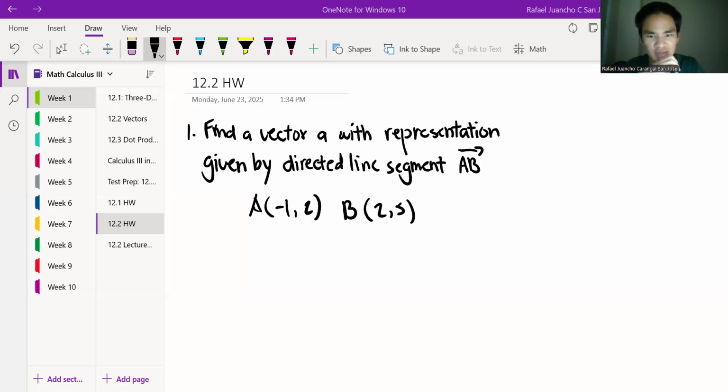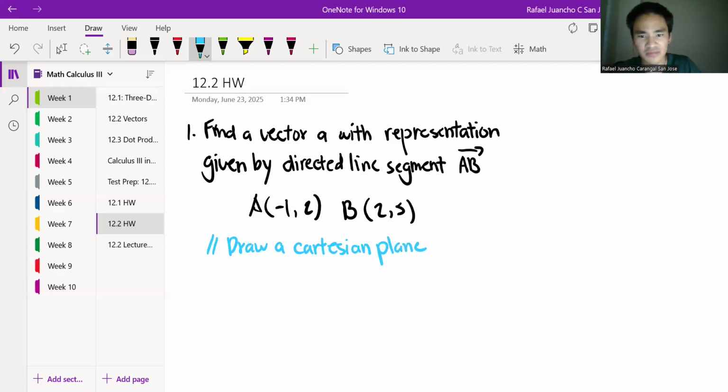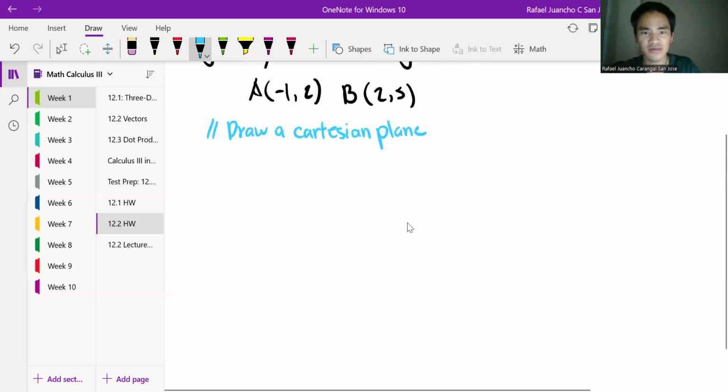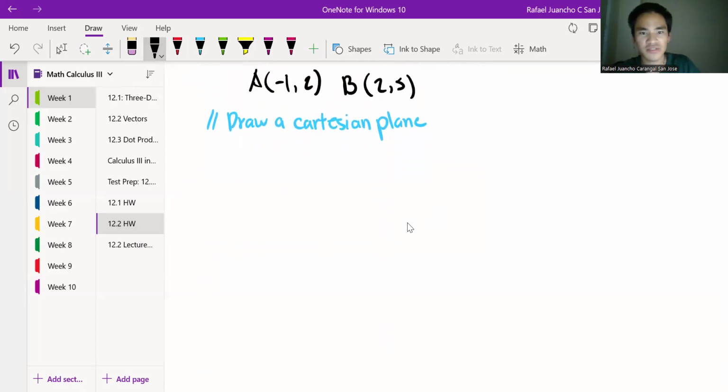So I think we have to kind of draw a Cartesian plane to represent these points. So how would that look like? It would probably look something like this.